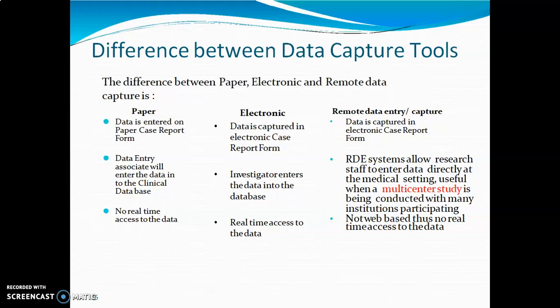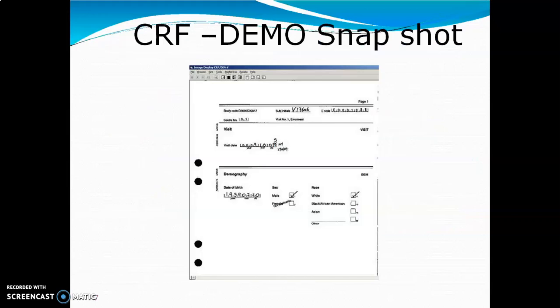Even at a remote site, the physician conducting the study will enter it himself. With paper, there is no real time access to the data, since he writes it by hand. Electronic means a website, so there is real time access to the data. With remote data capture, it is not web based, so there is no real time access to the data. Remote data entry is very fast and quick, and collection of data also happens very smoothly.